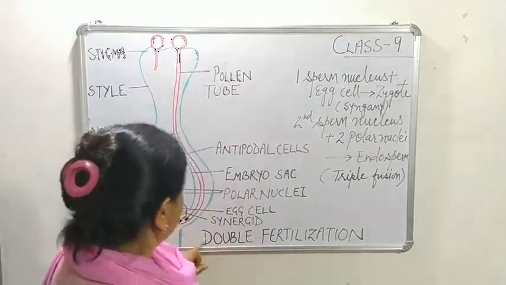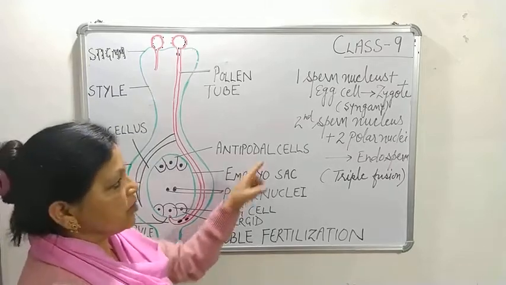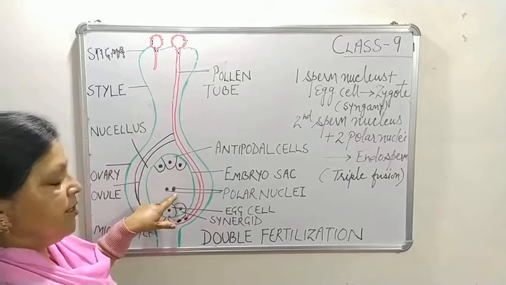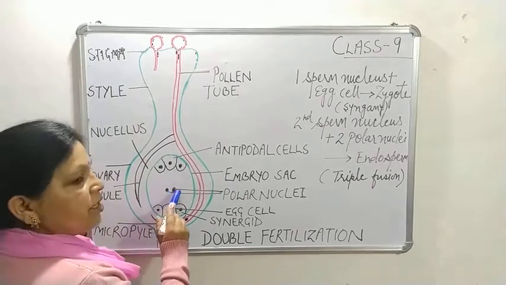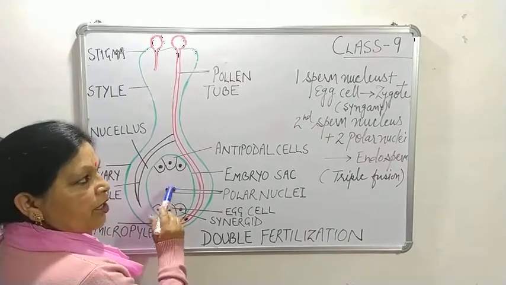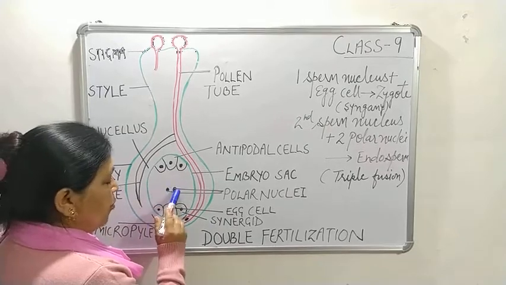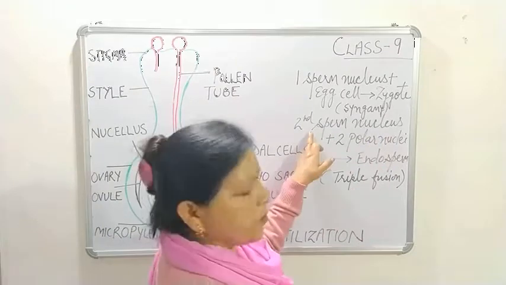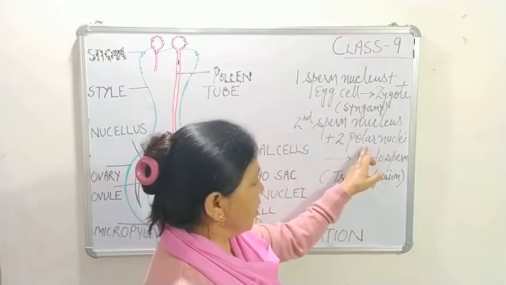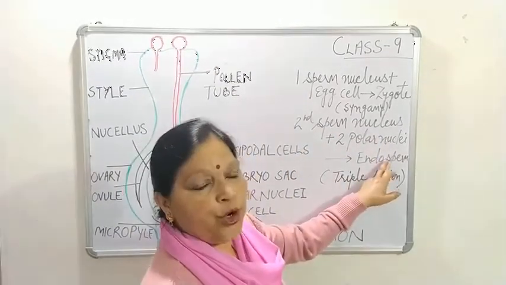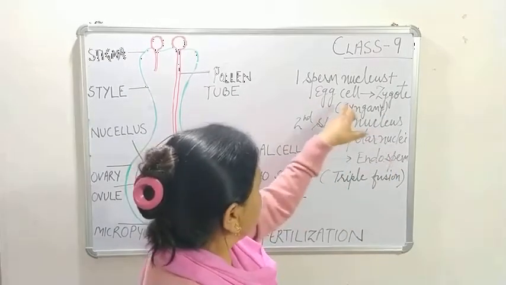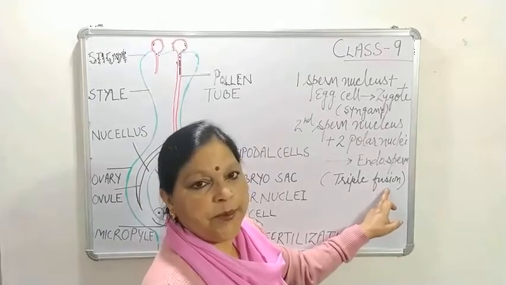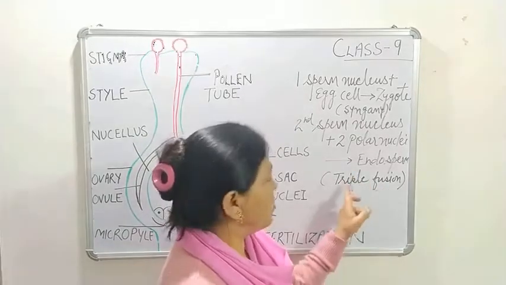The second sperm nucleus will enter the central cell and fuse with these 2 polar nuclei. So in all there are 3: 2 polar nuclei and the second sperm nucleus. The second sperm nucleus plus 2 polar nuclei will form the endosperm. Since 3 nuclei are fusing together, the process is known as triple fusion.